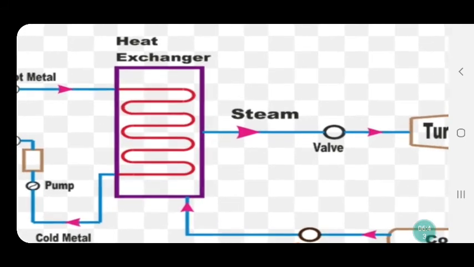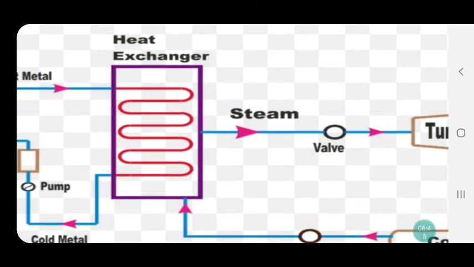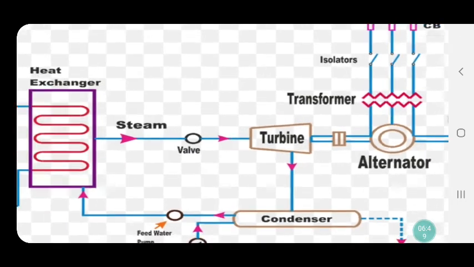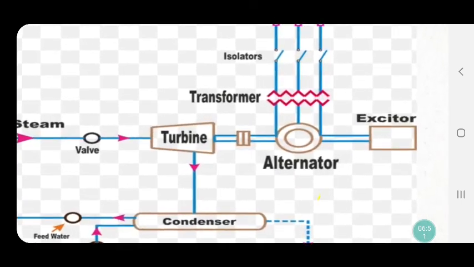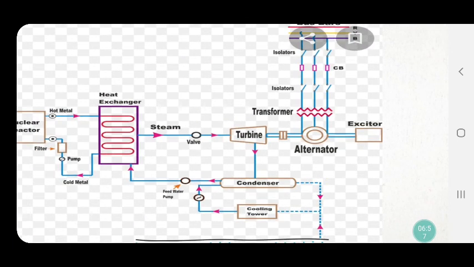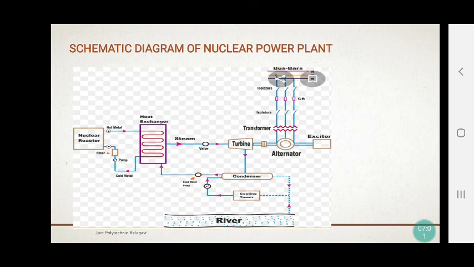Because of the heat, the water is converted into steam, and because of the high pressure, high temperature steam, the turbine starts rotating. The turbine is connected to the alternator through the shaft, so as the turbine rotates, the alternator also rotates and gives the electricity. This is the working of our nuclear power plant.